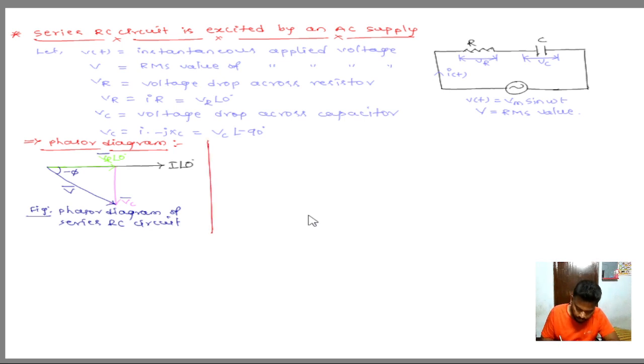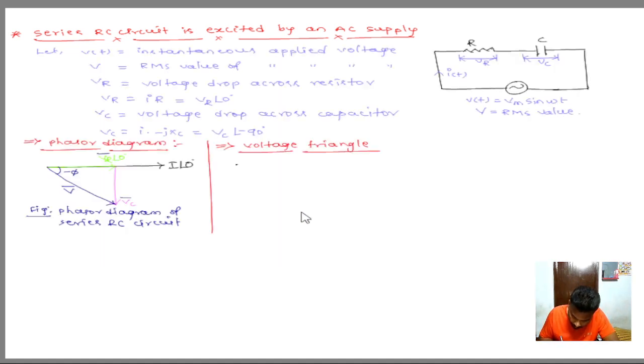How do we draw the voltage triangle? The voltage triangle is drawn from the phasor diagram, and without considering the current phasor, we draw it as it is, which gives the voltage triangle.